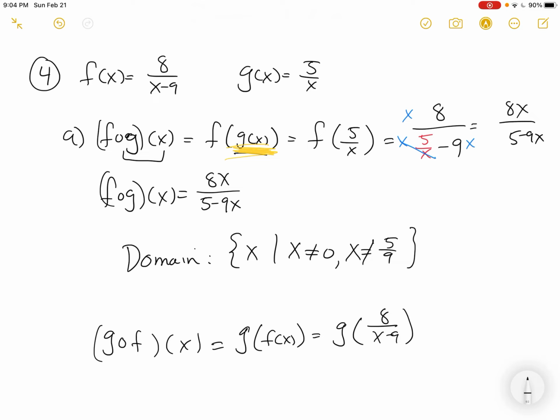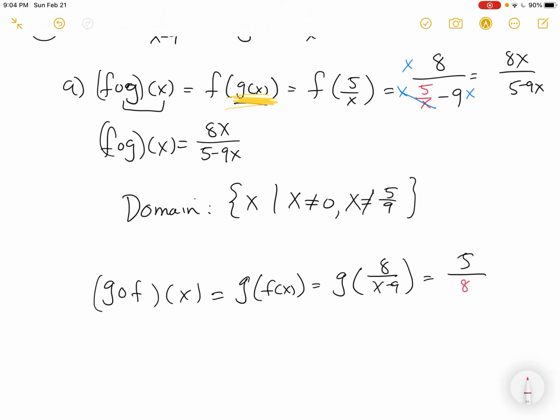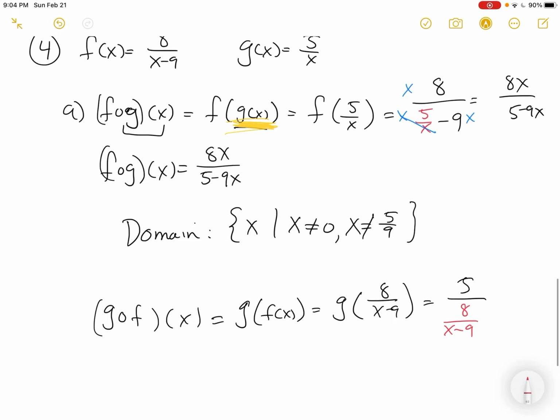And what do we know? We know that this 8 over x minus 9 needs to go into the g function. So what's that? That's 5 over, and then I'll put it in red just to keep some consistency, exactly what's in the parentheses, 8 over x minus 9. That's what a function's always done. Take what's in the parentheses and put it in for x.